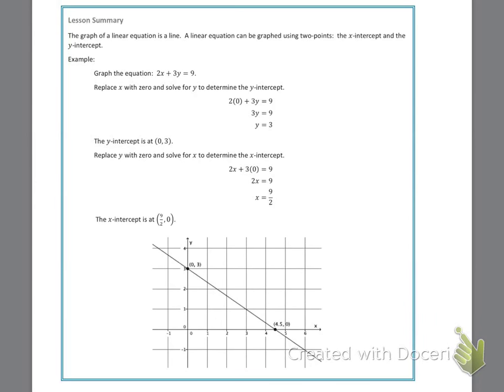So now we have 3 methods that we'll use depending on what form our equation's in. So we can just create an xy table and find a couple points. We can find the x and y intercepts, or if the equation's in slope-intercept form, we can use the y-intercept and then use the slope to find another point. Okay, so there's lots of different ways to go about that.